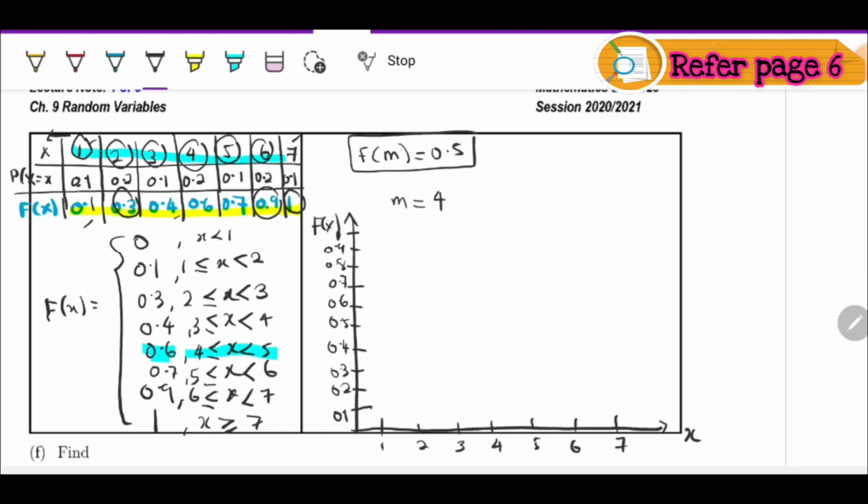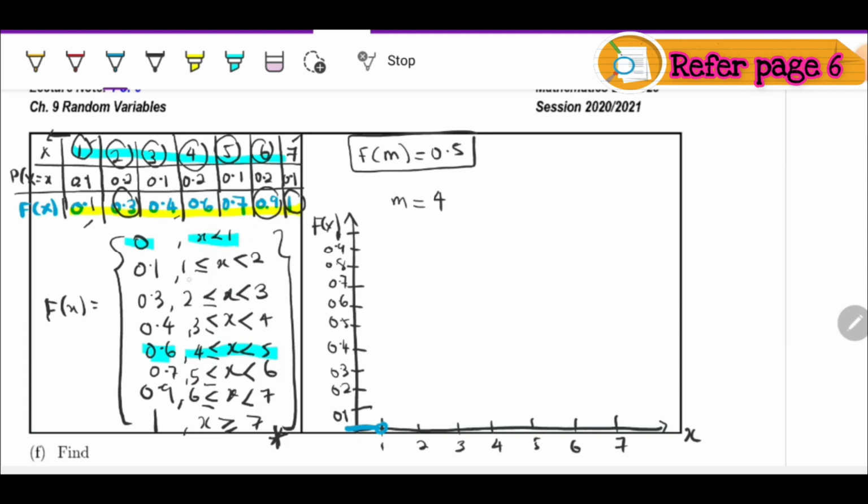To sketch the graph of CDF, read the CDF function. When x is less than 1, the Fx is 0. So less than 1, Fx is 0, with an open interval for 1.